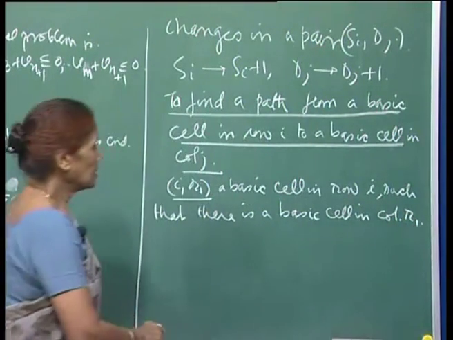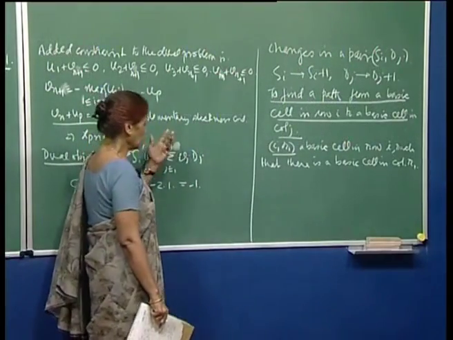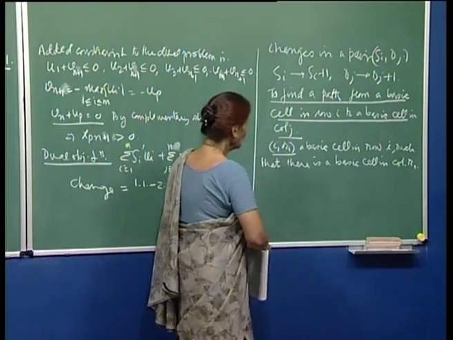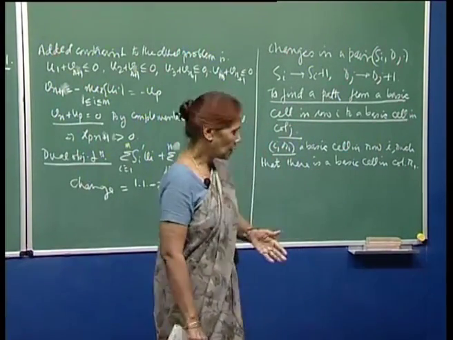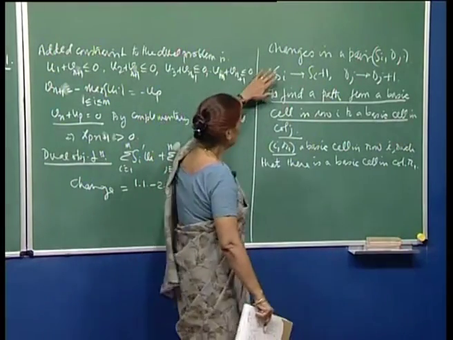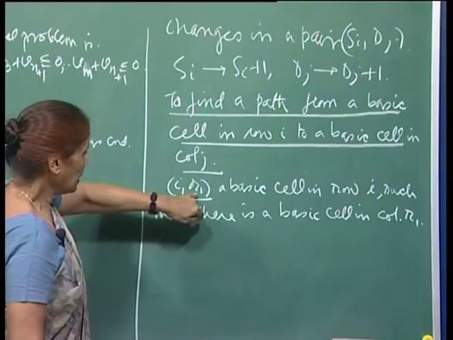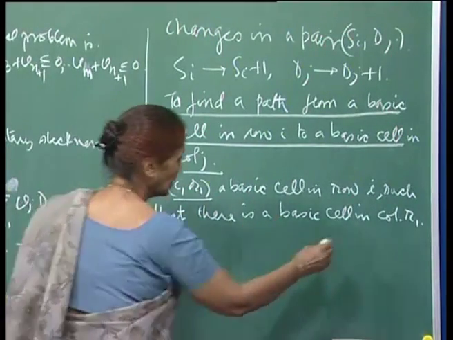Remember, the basic cells are connected, and I will come back to this property right now. You should be able to move along column R1, because the demand for column R1 has not changed.